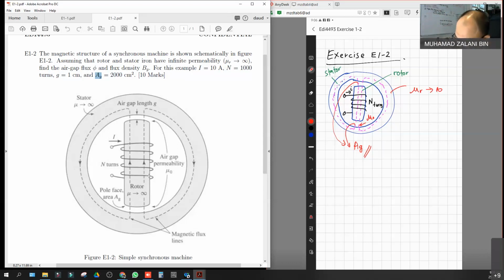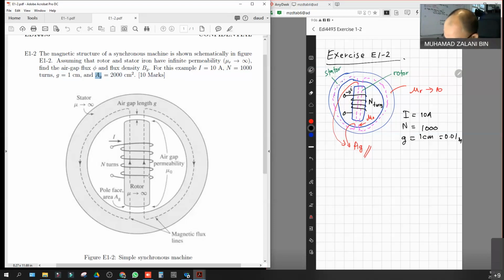Given that current I is 10 ampere, number of turns is 1000, gap 1 cm. Convert it to meter, 0.01 meter. Can you see that meter? M, just M here.